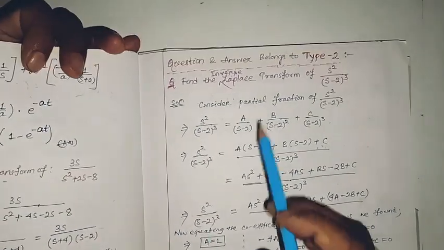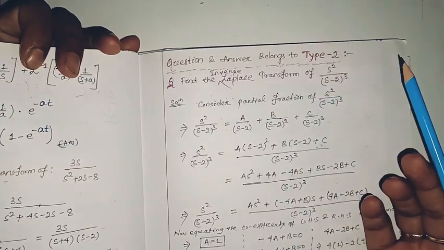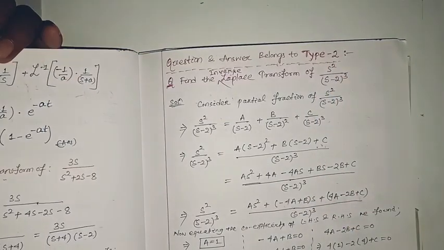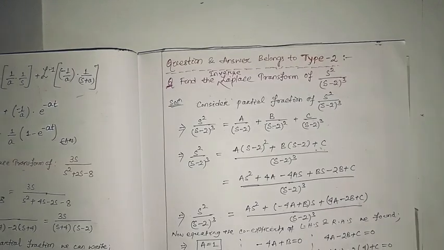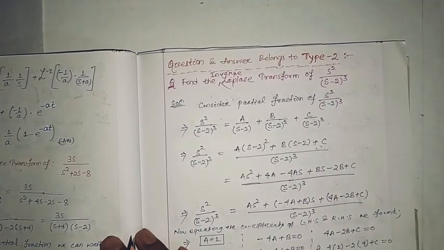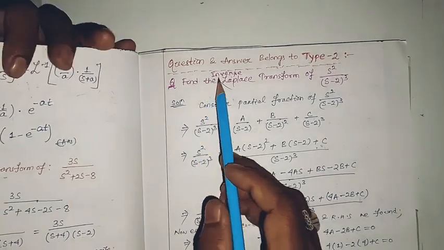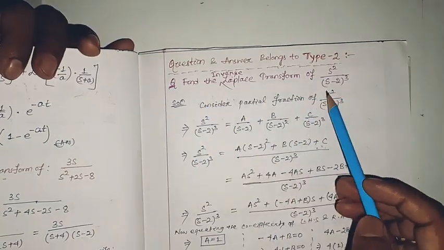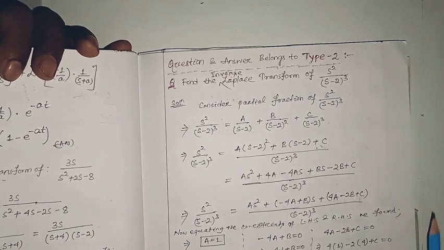Now we are going to go for type 2 questions and how to solve them using partial fractions. The question is: find the inverse Laplace transform of s square by s plus 2 whole cube.